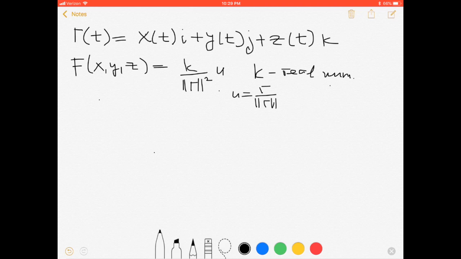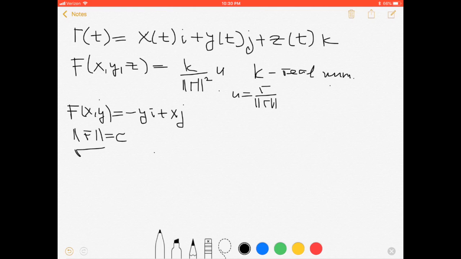Let's do some examples and try to draw our vector field. Our vector field F(x, y) is in the plane. It will be minus y i plus x j. Let's take the norm of F, which equals some c.